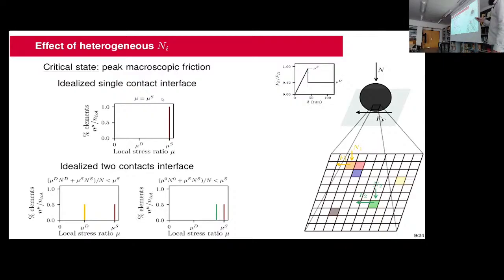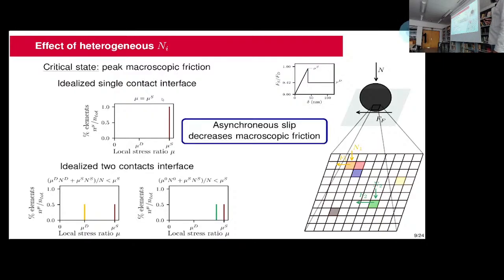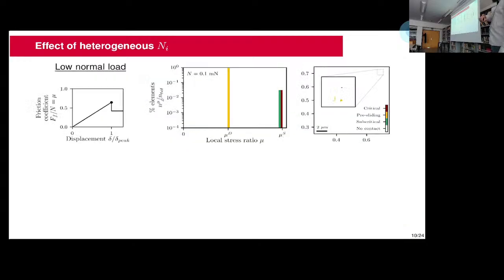In reality, the map of the normal pressure is much more complex than just two asperities. So let's have a look at the low normal load. In this case, you have many asperities, like 60 or 80 points in this simulation.